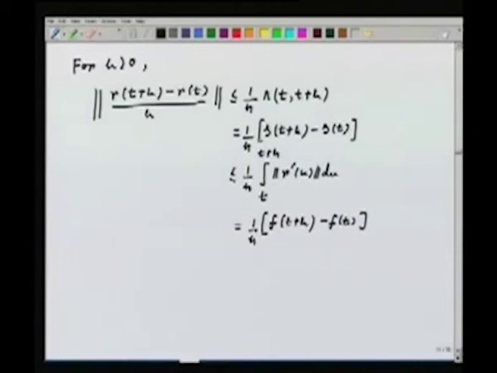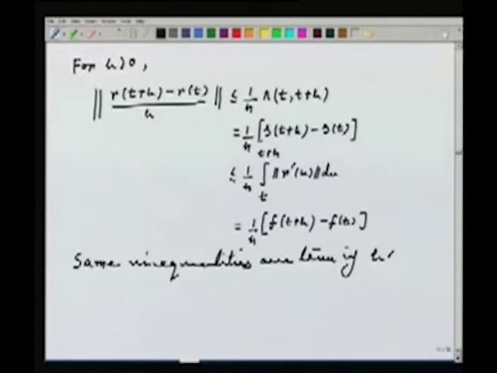Now what I want to do is take limit. Well, another observation, which you can prove easily, is that the same inequalities are true if h is less than 0. That can be very easily shown. It's not very difficult, just by the same reasoning. Now I want to take limit h going to 0 on the left hand side and the right hand side.